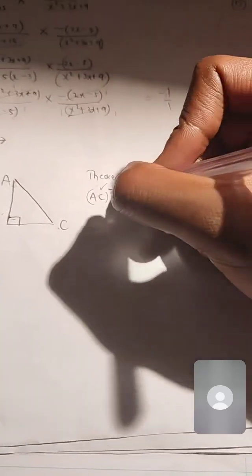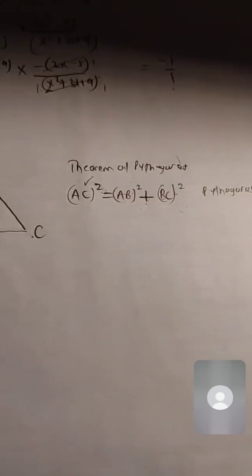So this is the hypotenuse. You square it. Then you say equal. Then you take the other two sides. You add them, but you square them individually as well. This here is what we call the theorem of Pythagoras. The square of the hypotenuse side, which is AC, is equal to the sum of the squares of the other two sides, AB and BC.